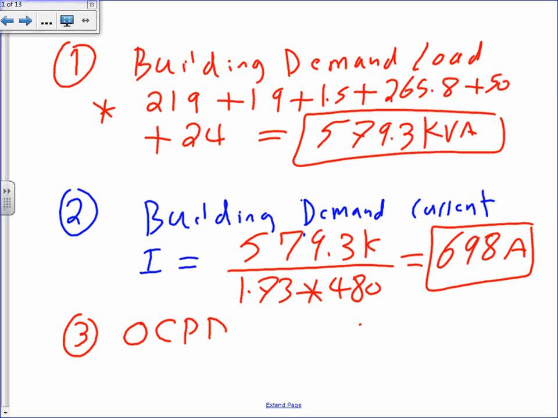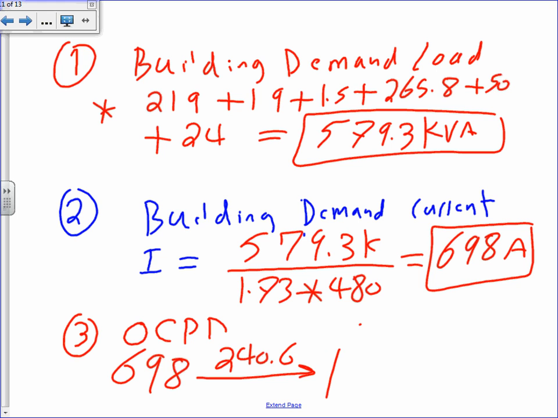Now I'm going to show you it doesn't make a difference here in a second. So the overcurrent protection device, you're going to take the 698 or the 697. What's the standard overcurrent protection device?